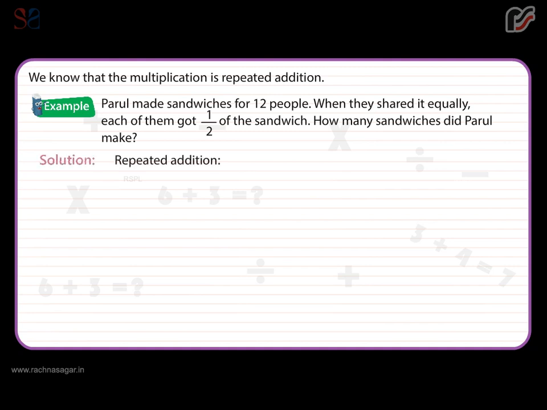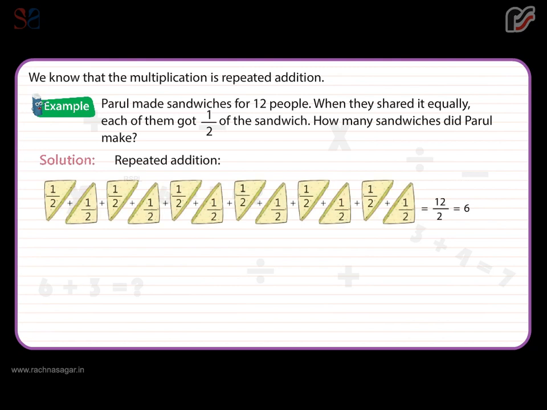Repeated addition. If we add 1/2 up to 12 times, we get 12/2 is equal to 6. Or multiplication. 1/2 multiplied by 12 is equal to 6. So, Parul made 6 sandwiches.